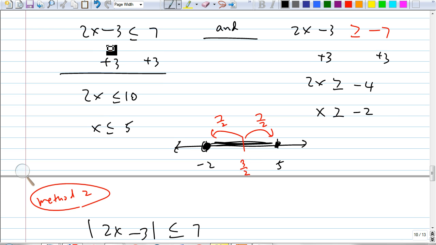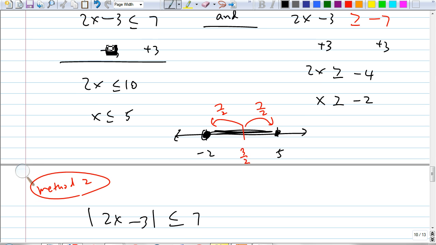Inside the absolute value, could I factor out a positive 2 from the 2x minus 3 if I wanted to? What do I get if I factor out a 2? 2 times x minus 3 halves.